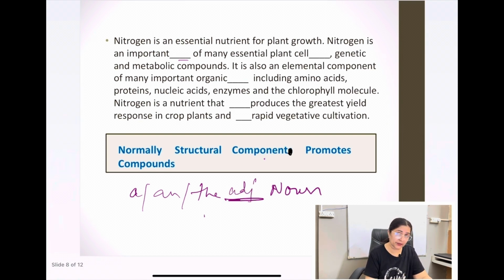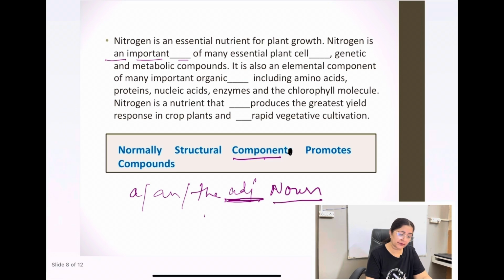So any pattern you can get. So either this could be a fill-up or this could be a fill-up. Now because here we have an, so here there will be a singular noun afterwards, because an denotes a singular noun. So we have a singular noun, component.